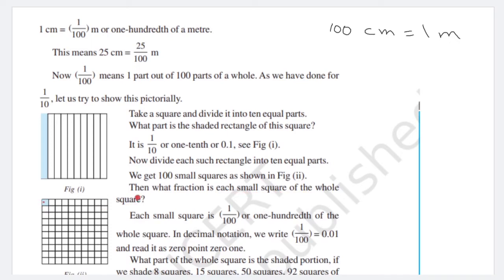So what part is that? It will be 1 by 100. 1 by 100 is read as 1/100th of a whole square. In decimal notation, we write 1 by 100 is equal to 0.01 and it is read as 0.01.